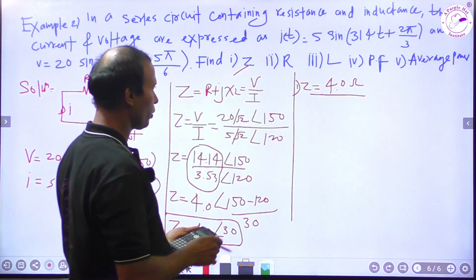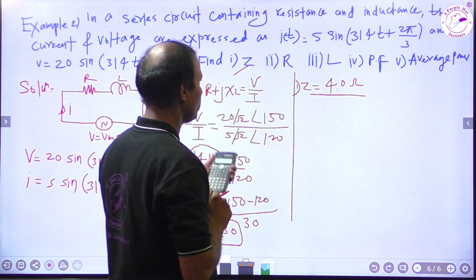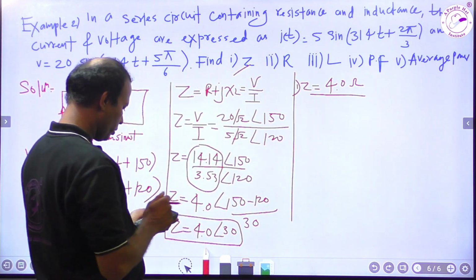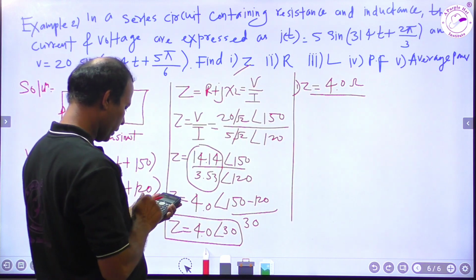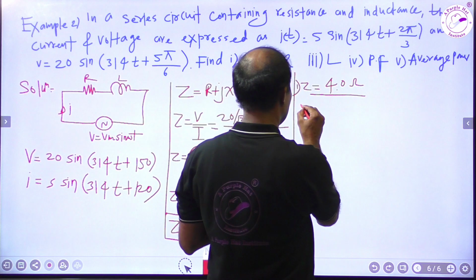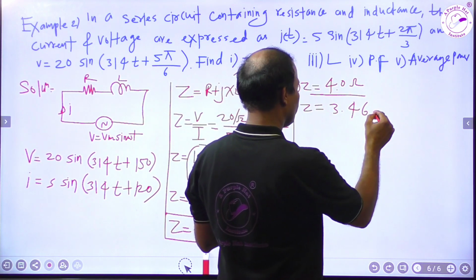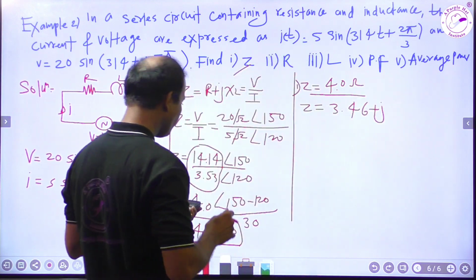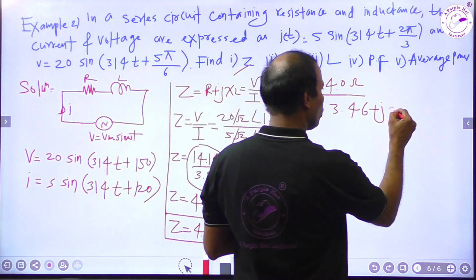Okay, I will in front of you try to find its polar to rectangular conversion. Yes, this is polar. This is 4 comma, instead of this angle make comma, press 30, bracket complete. Z is equal to 3.46 plus J 2.